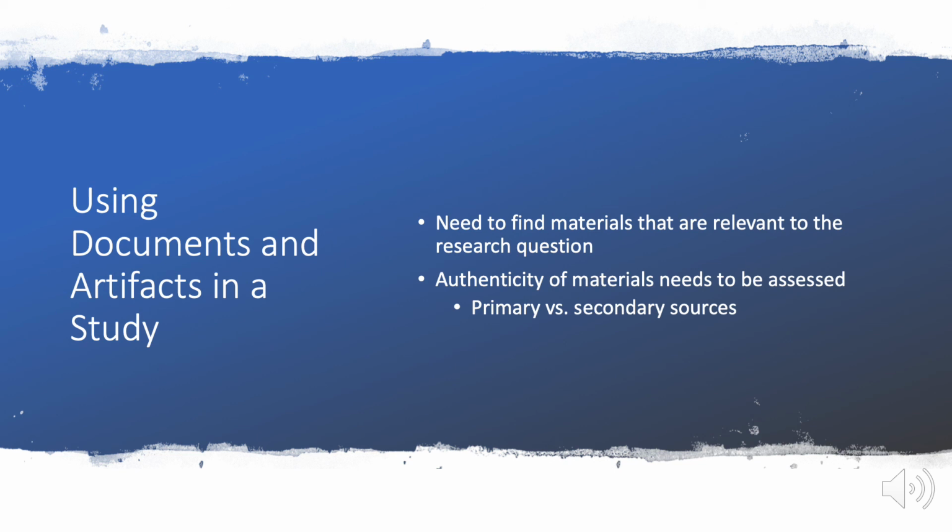Using documents and artifacts, it's really just important that you have the right materials available to answer the research question. And then sometimes the authenticity of materials needs to be questioned if you're using primary sources versus some other type of secondary source.